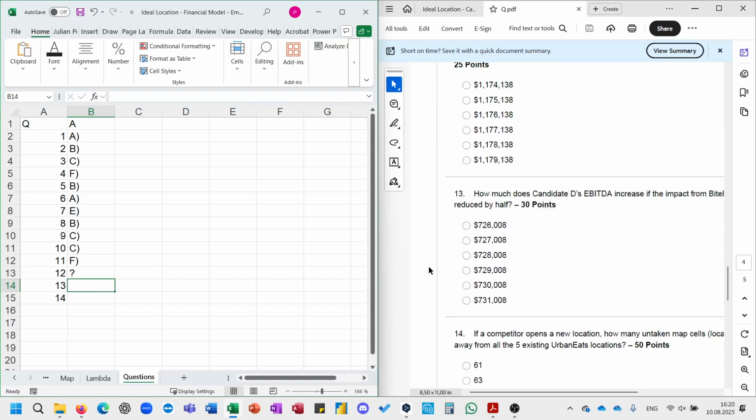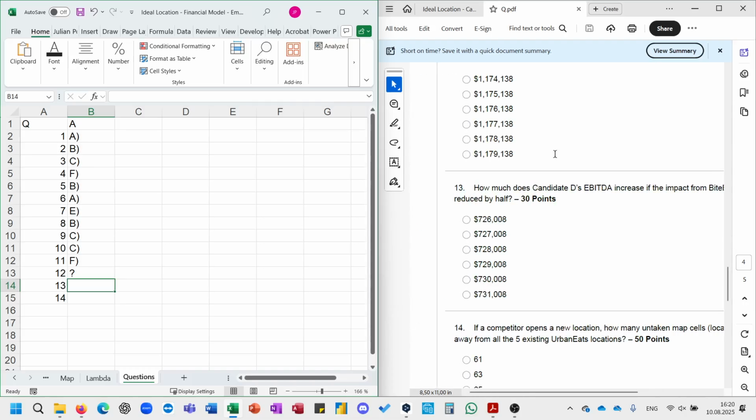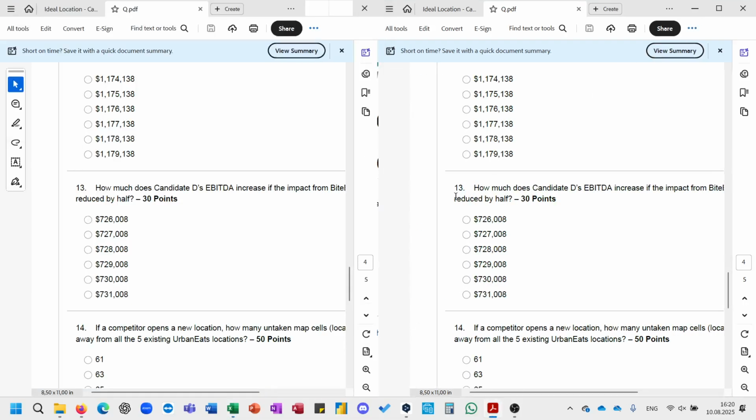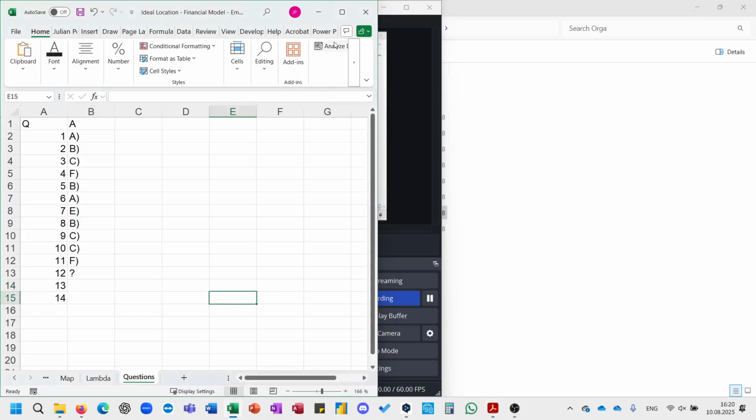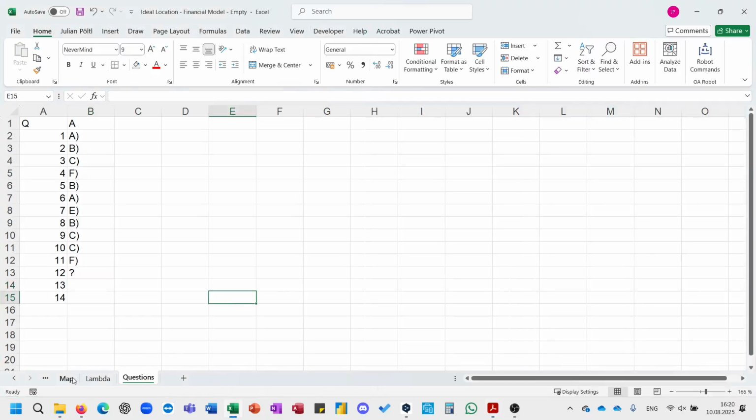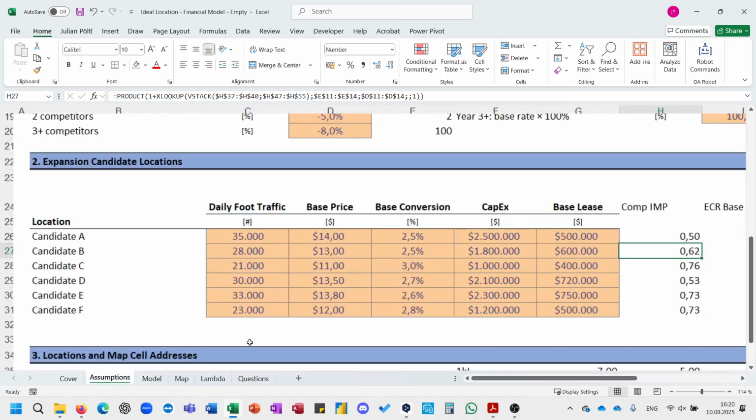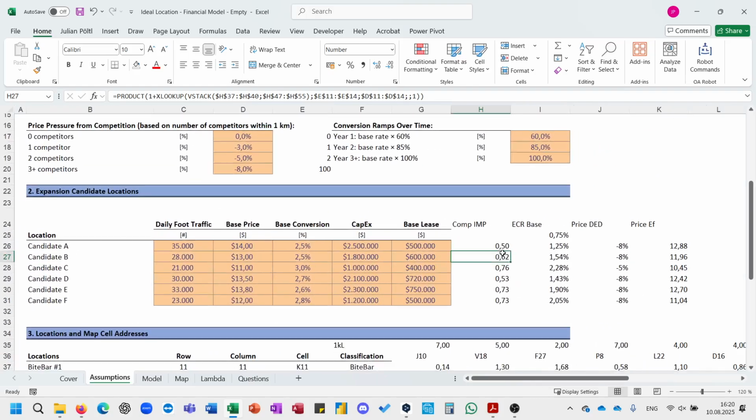But anyways, question 13: how much does candidate D's EBITDA increase if the impact from Byte Bar on conversion rate is reduced by half? Okay, let's take a look. Byte Bar conversion rate.